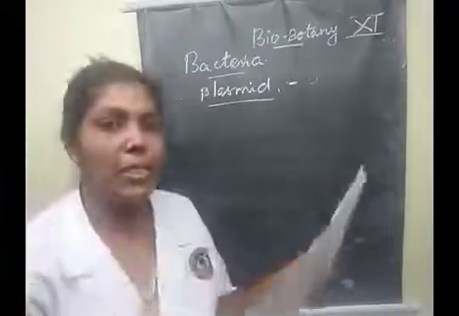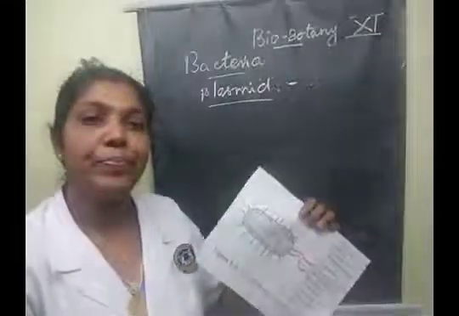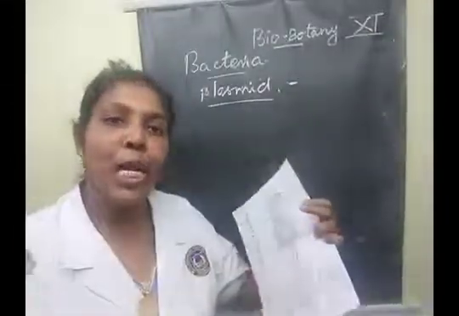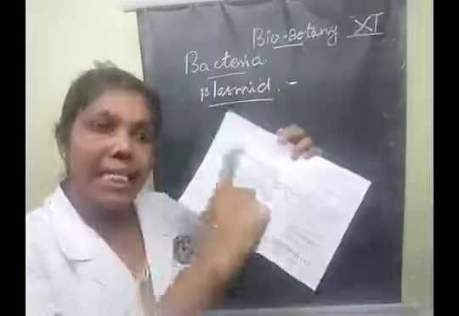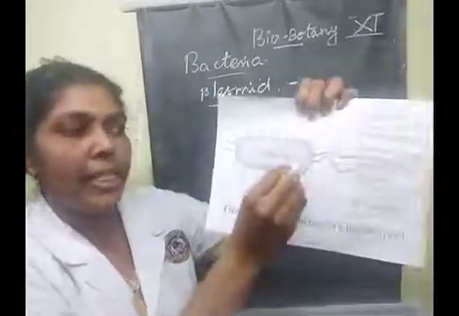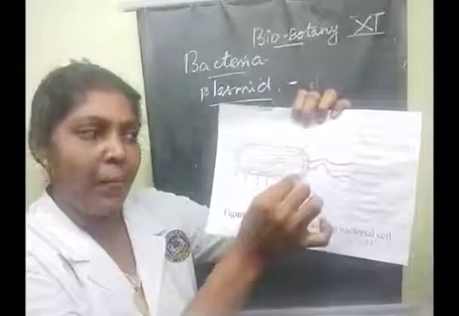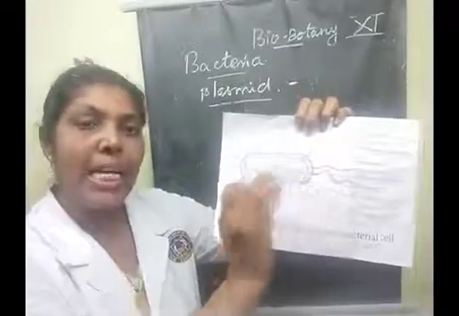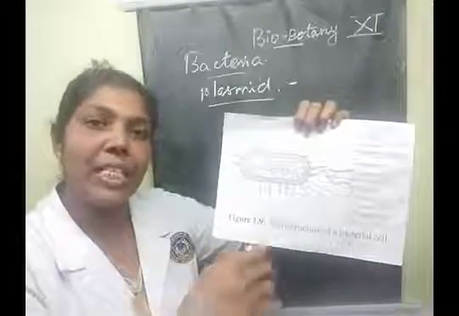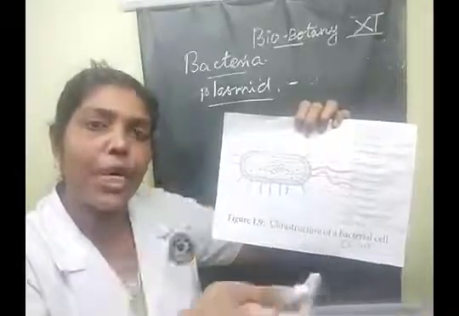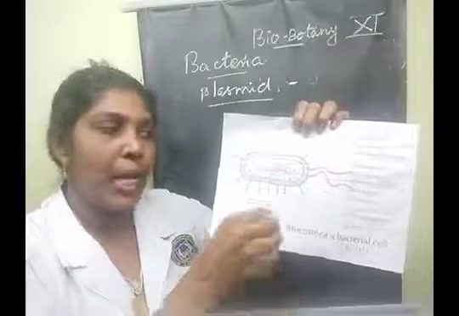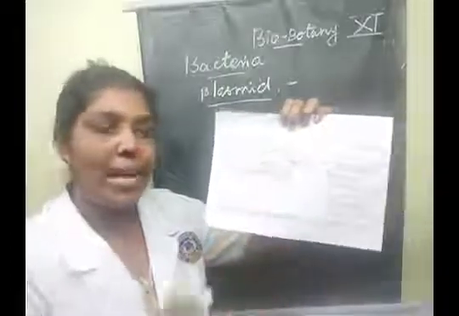The plasmid is an extrachromosomal, double-stranded, circular, coiled, self-replicating autonomous element. That is called a plasmid.